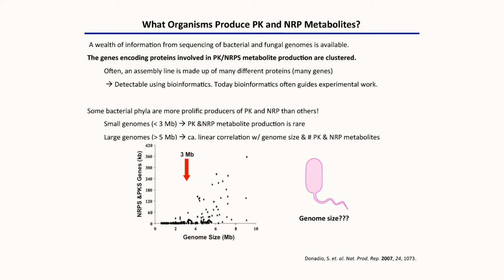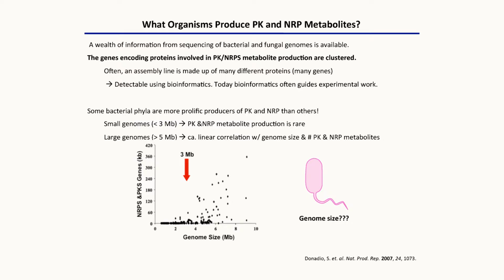What's found is that for bacteria, some phyla are more prolific producers of these molecules than others. What's been shown in a general way is that organisms with small genomes, something like E. coli, produce fewer of these metabolites. That's not to say none.